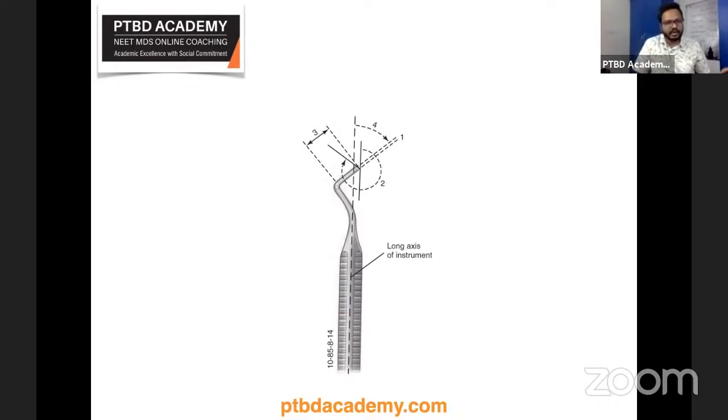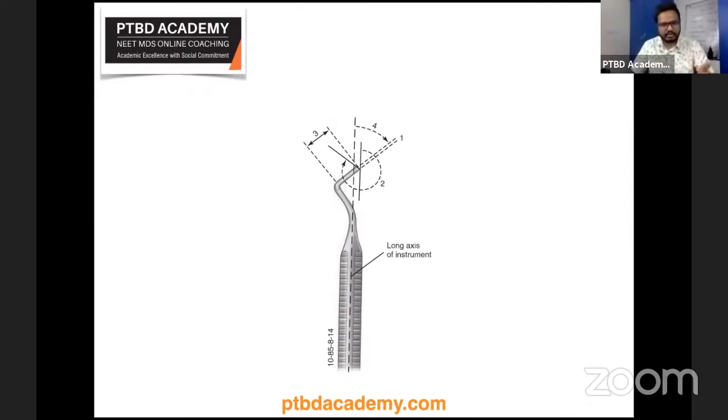The best example I can give you is the chisel, 10, 12, 7, 14 or 10, 7, 14. The values might vary depending upon the manufacturer. Okay, very good. So having clarity in these basic concepts is very, very important: the parts of a hand instrument, the various instrument formulae, and what each number represents.